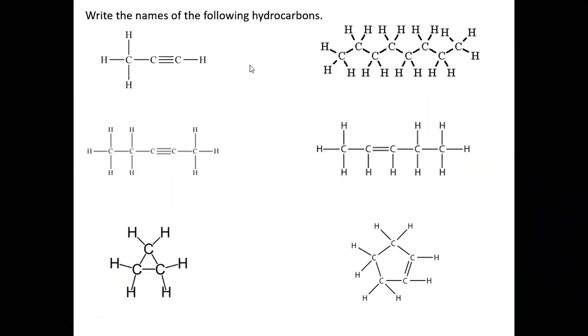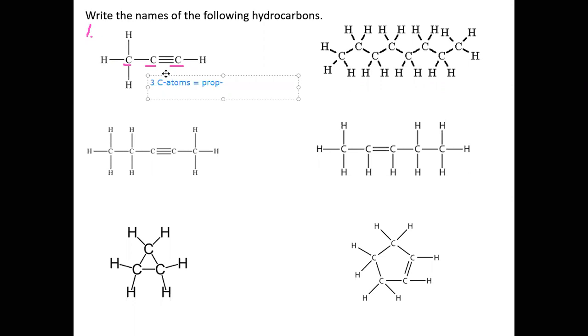Now let's look at some examples. We'll start with some simple ones. Here we want to know the name of this compound. Let's call this number 1. You notice that we have 1, 2, 3 carbons. So since we have 3 carbons, we use the prefix prop.